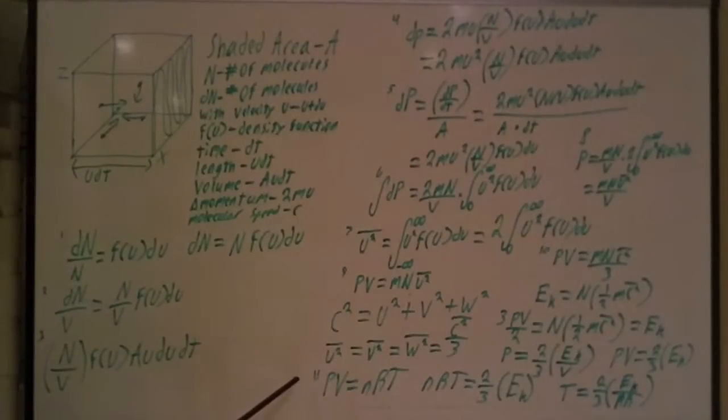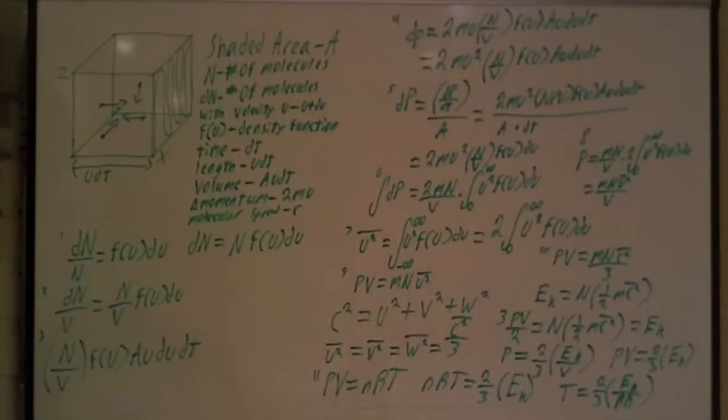Well, we already know that PV is equal to 2/3 E_K by a little manipulation. Therefore, since PV is also equal to nRT, we can do some rearrangement so that nRT is equal to 2/3 times energy.